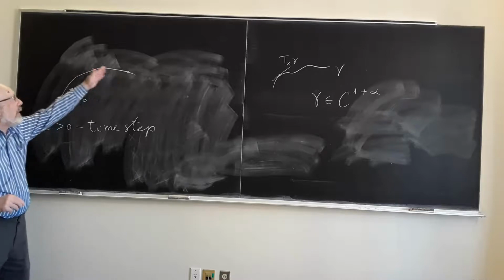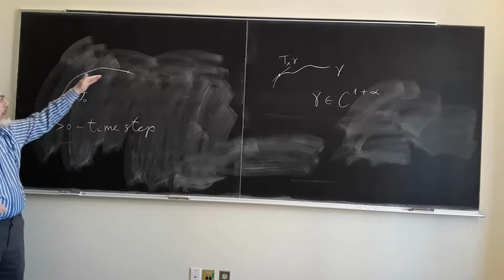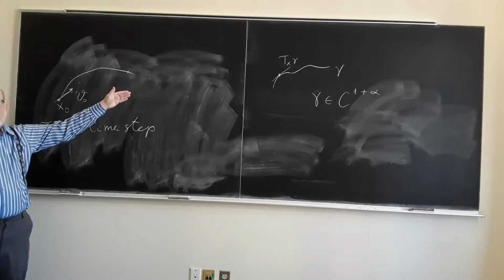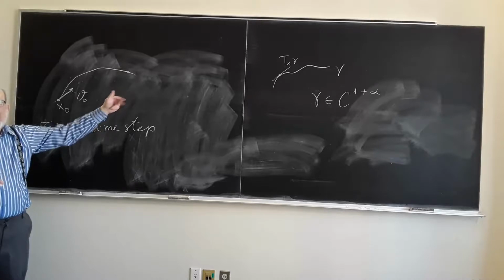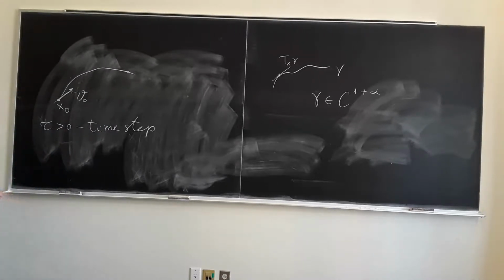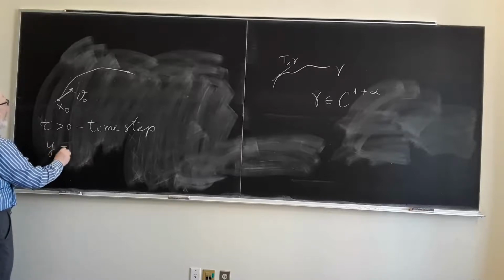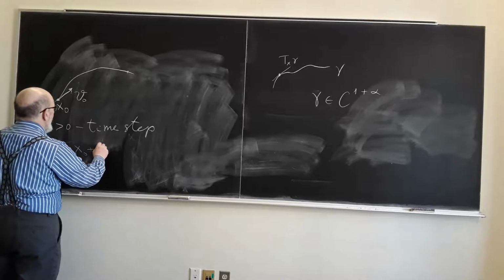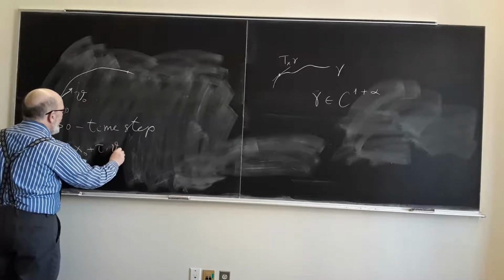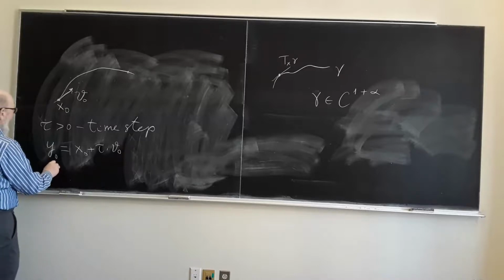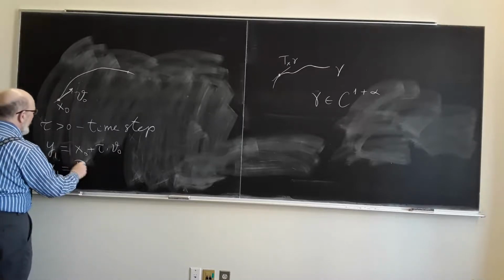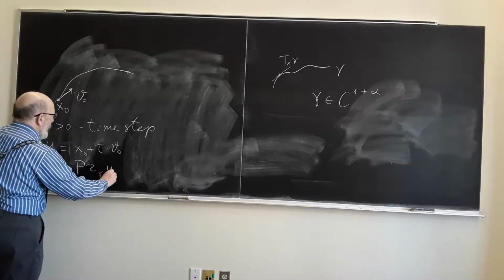This curve is by no means a convex set. So my construction looks superficially like the one in the previous lecture, but in fact it is quite different. Consider y0 equals x0 plus tau times v0. Then x1 means the projection on gamma of y1.